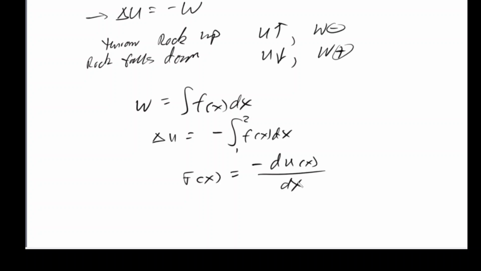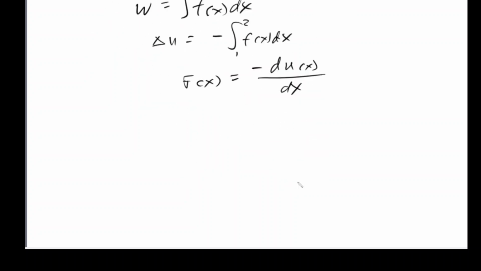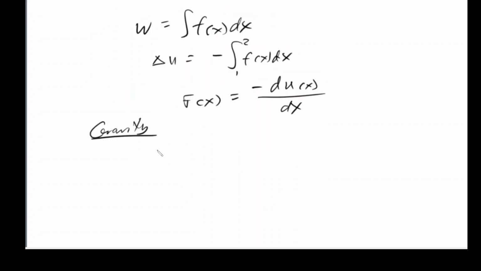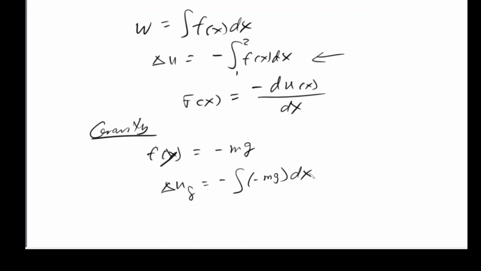Now let's look at a specific system, namely gravity. In gravity, the force, in this case in y, is equal to minus mg. So if we substitute that into this equation here for potential energy, we get the change in potential energy of gravity equal to minus the integral of minus mg dx.